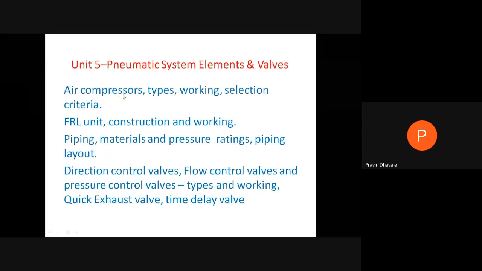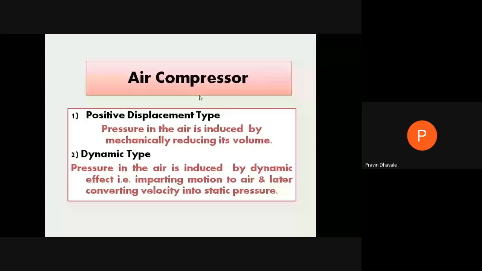We studied what the air compressor is, what its types are, how it works, and what the selection criteria for the air compressor are. An air compressor is nothing but a device which is used to convert mechanical energy into pressure energy, where you can convert atmospheric air by a process of compression into high pressure, that is compressed air.